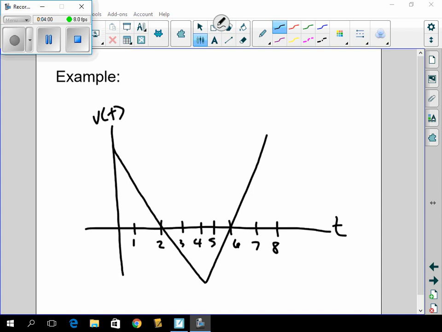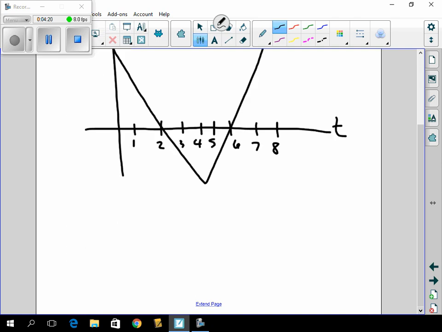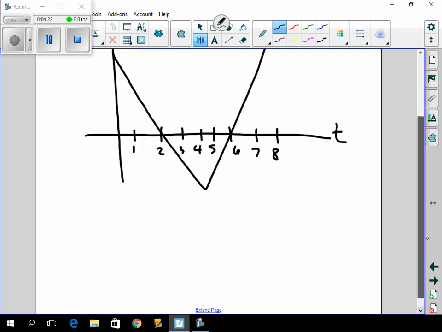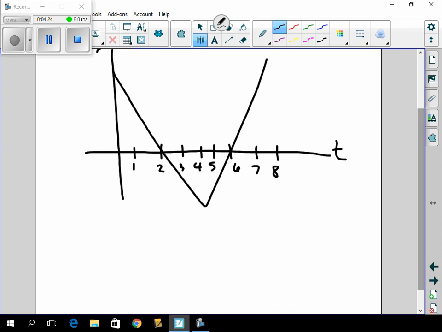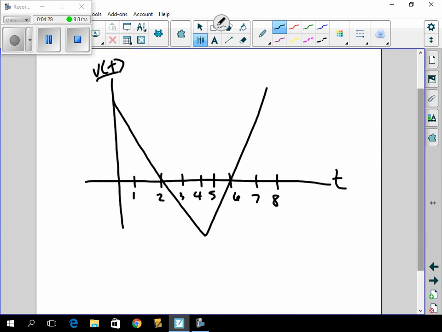This is an example of a graph of a particle's velocity. We can see that v of t is on my y-axis, t is on my x-axis. Here I'm going to look at where my function has a positive and negative velocity. My function has a positive velocity when it's above the x-axis.